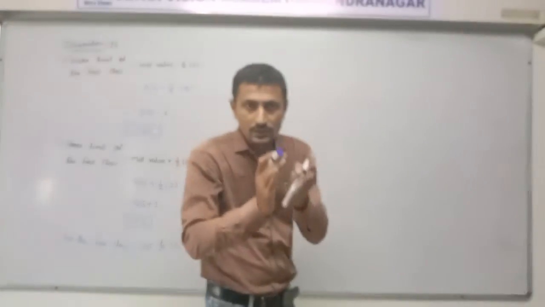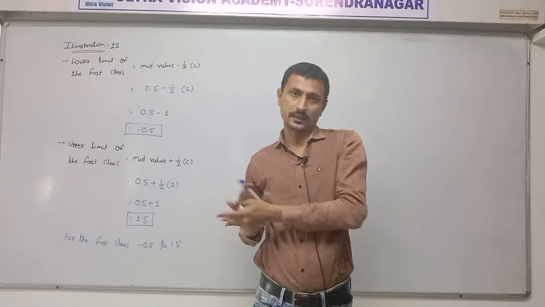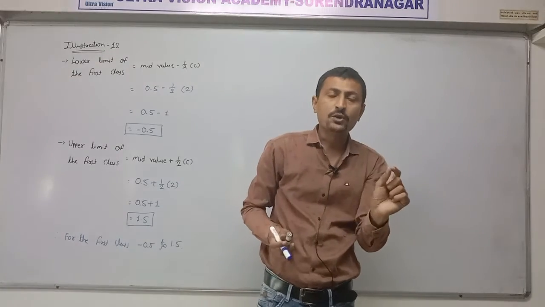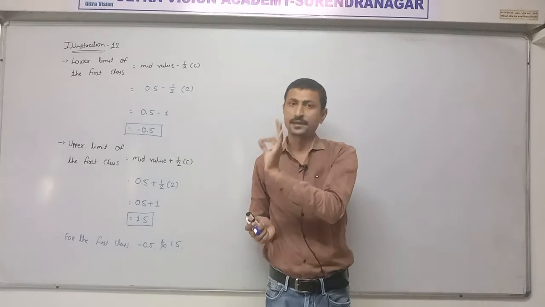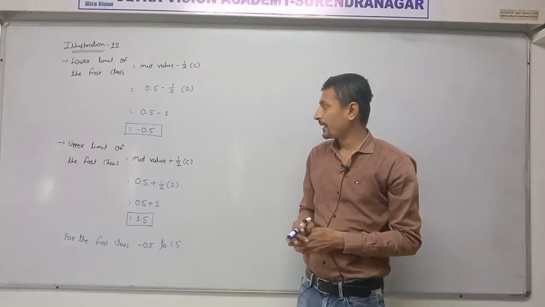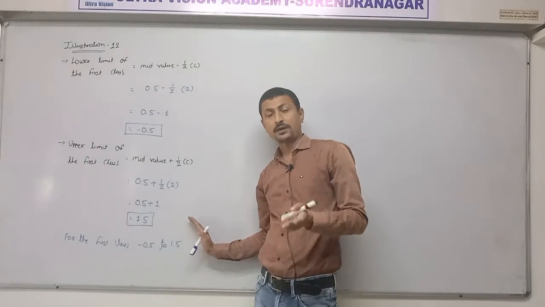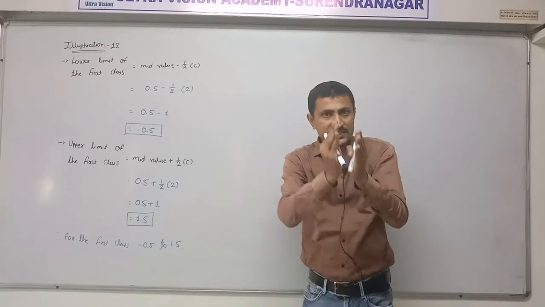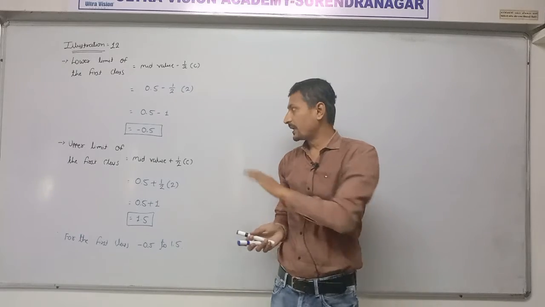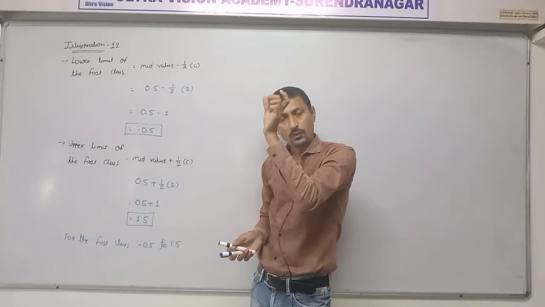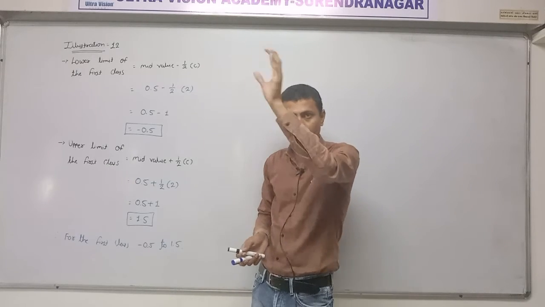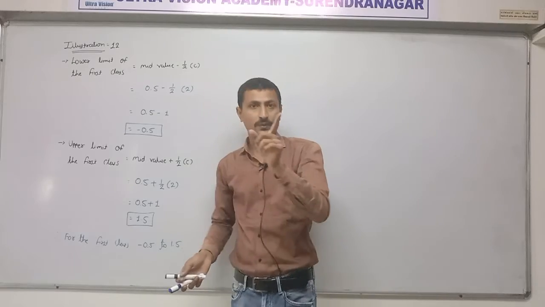Generally, inclusive classes convert to exclusive: lower limit 0.5 less and upper limit 0.5 add. Here the rule is reversed. Why? Here exclusive classes are given and we convert to inclusive, so lower limit 0.5 add and upper limit 0.5 less.